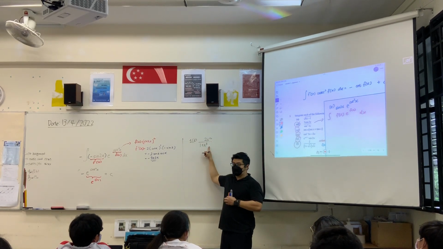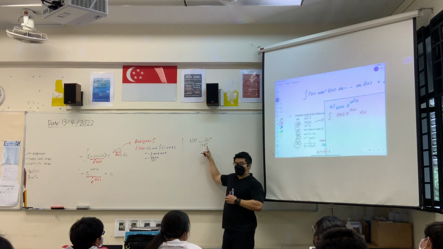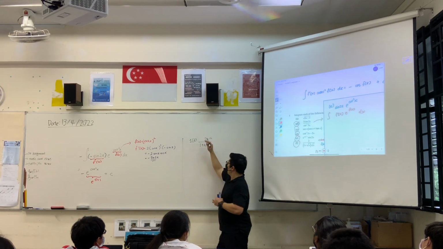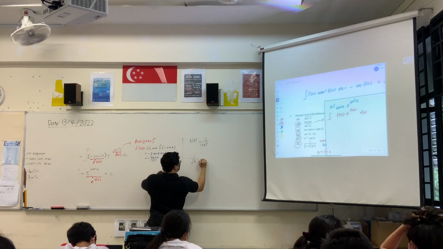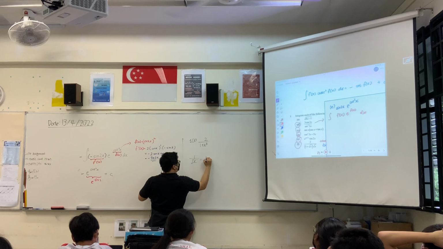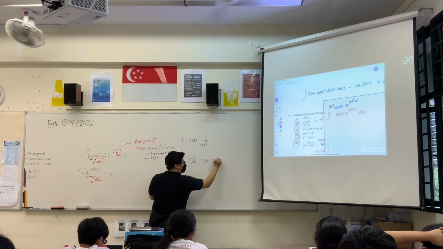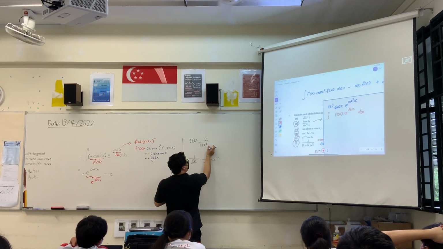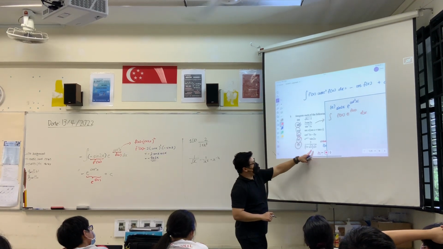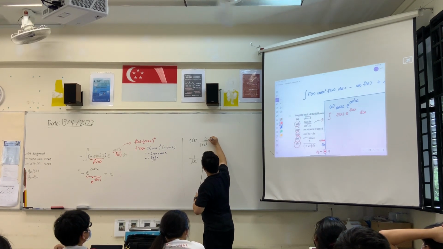The x goes up and becomes negative half. One more time: can I say 1 over square root x is the same as 1 over x to the power half, which is the same as x to the power negative half? Yes, correct. So I'm going to bring that square root x up, so it's going to be x to the power negative half.